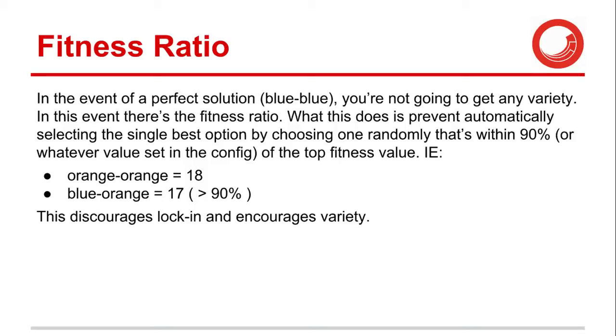But blue-orange is 17, which is about 94% of 18, above 90%. My fitness ratio is 90%, so 17 is an acceptable value. So it will switch between these two, randomly picking one or the other, because it's within the ratio. It discourages lock-in and encourages variety.